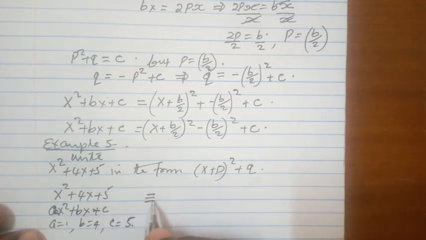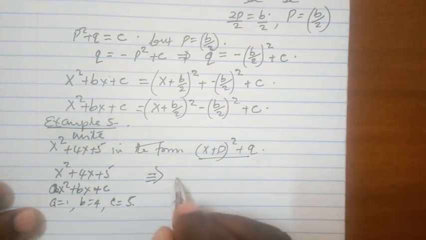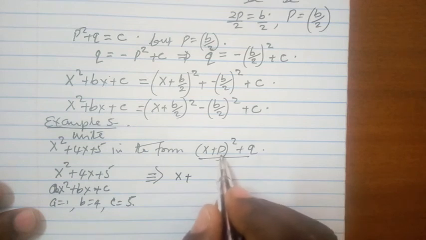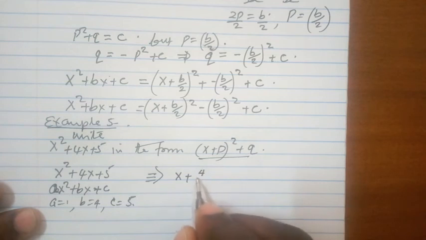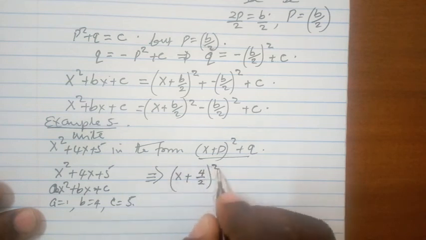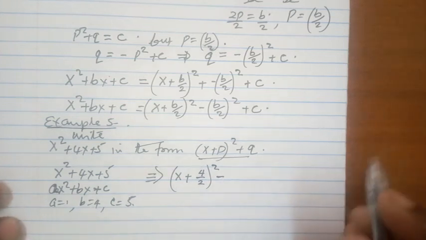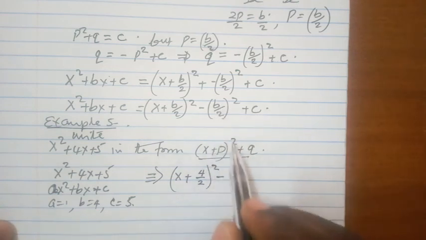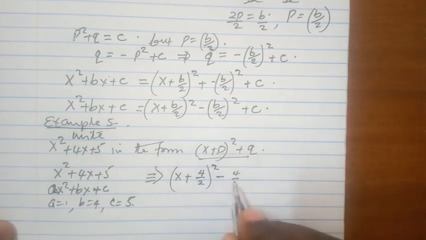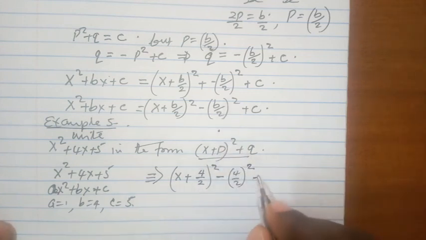If you want to write it in this form, we're going to have x plus p, but what is p? It's b over 2. So x plus 4 over 2 squared, minus 4 over 2 squared, which is b over 2 squared, plus c, which is 5.